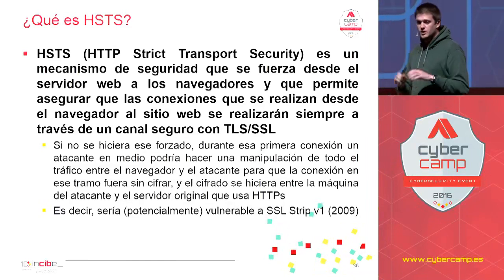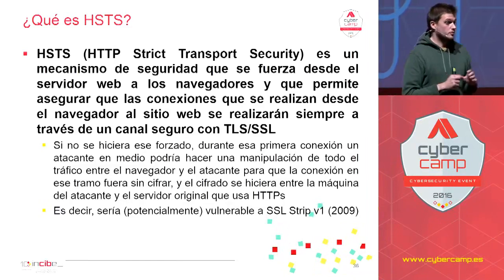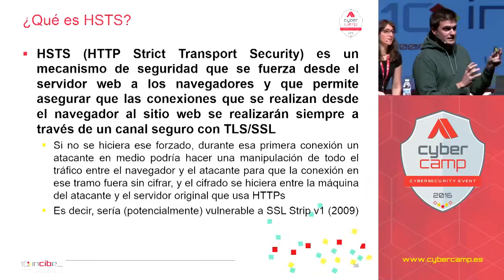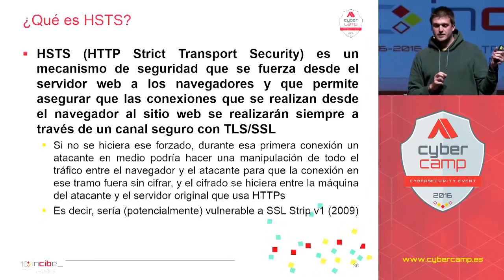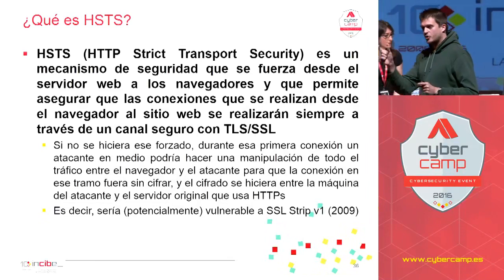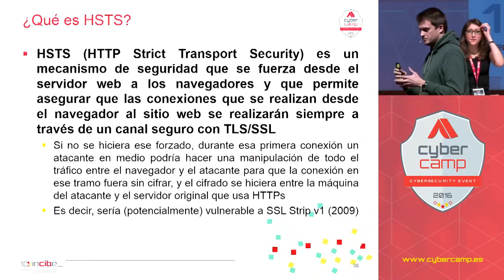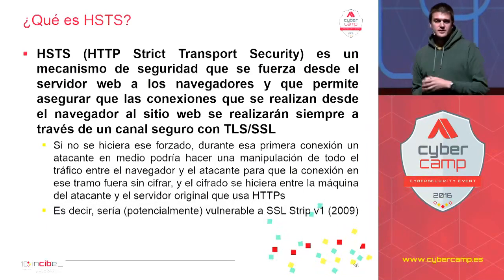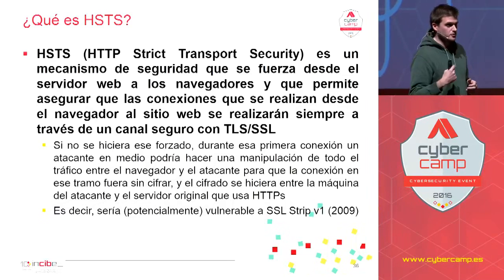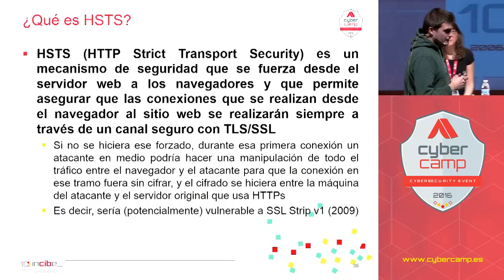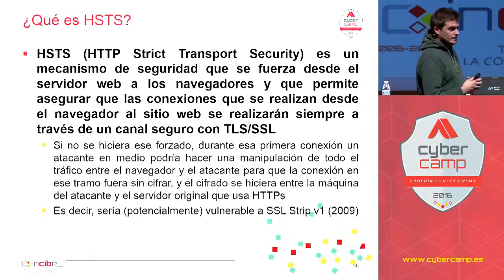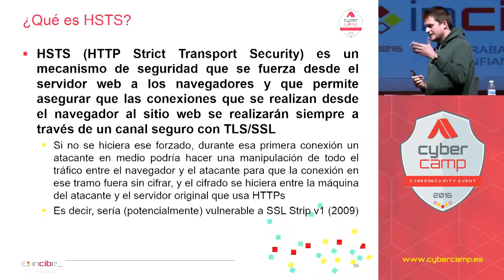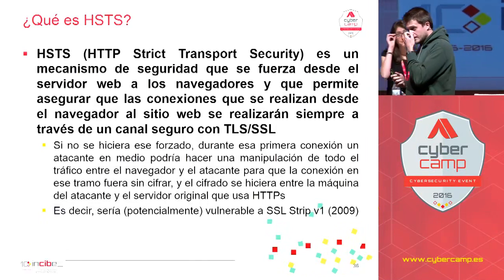And the next time we open it and we type outlook.com or whatever, the browser will first check the cache and say, well, if I do have the domain in my cache and it has a life, which is the max age, that is long enough that it's not expired yet, I need to use port 443, that's HTTPS. So we would not be vulnerable to sslstrip version 1, which was an attack from 2009.